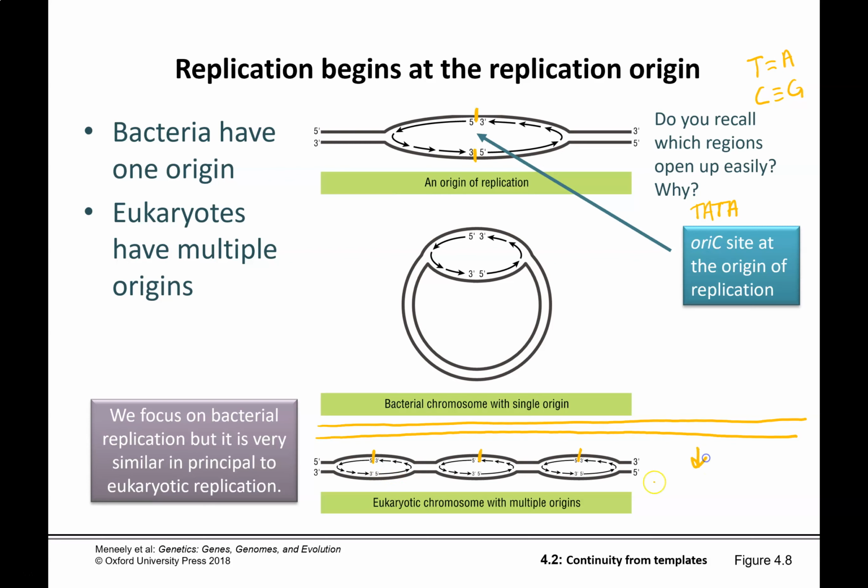It's not going to be the correct size, but once all of your bubbles have merged, you end up with your 2 daughter strands. We're going to focus on bacteria because it is less complicated, but the overall principle is similar in eukaryotes, so we're not going to worry too much about the differences here.